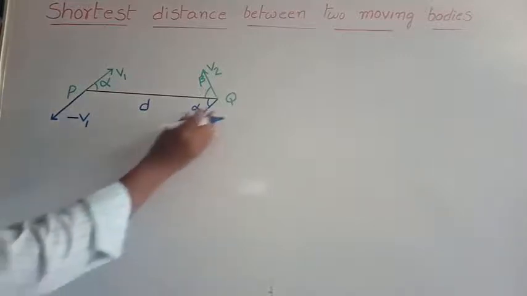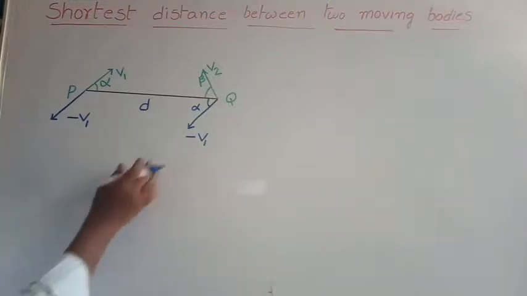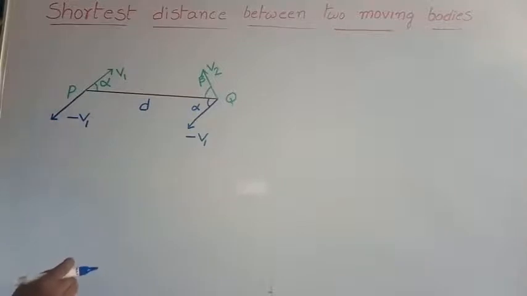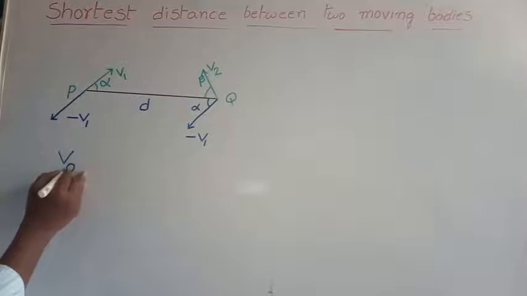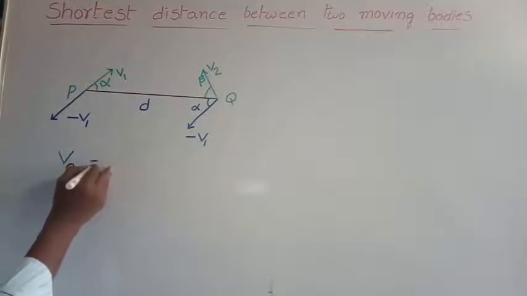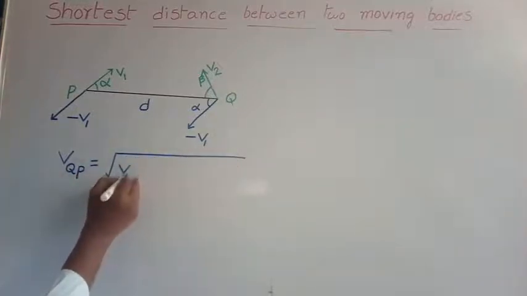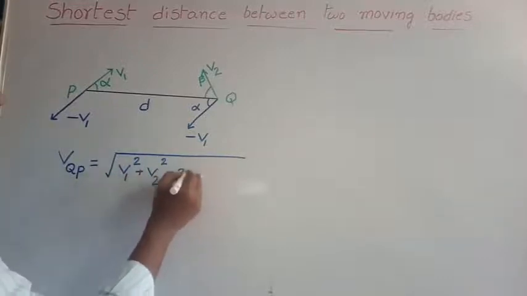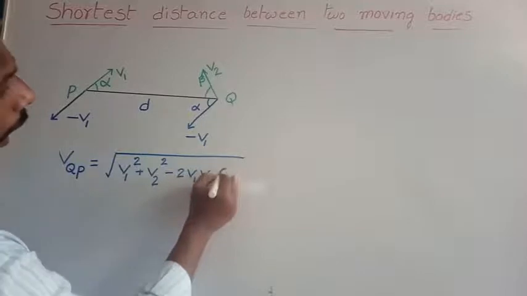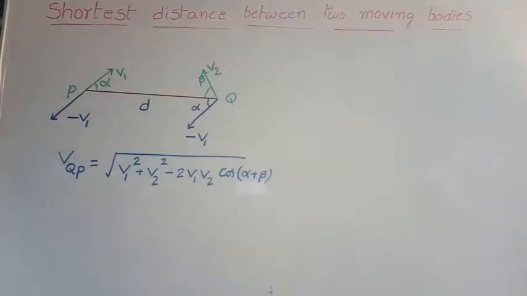The resultant velocity of V1 and V2 is taken as VQP, that is the velocity of Q with respect to P. VQP is equal to the square root of V1 squared plus V2 squared minus 2 V1 V2 cos of the angle between them, alpha plus beta. So this is the velocity of Q with respect to P, because P is at rest.